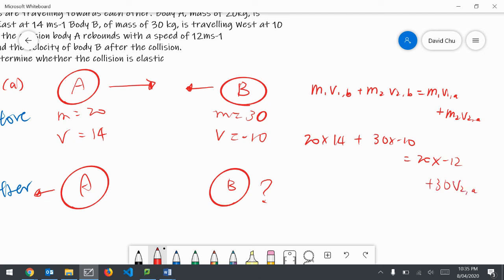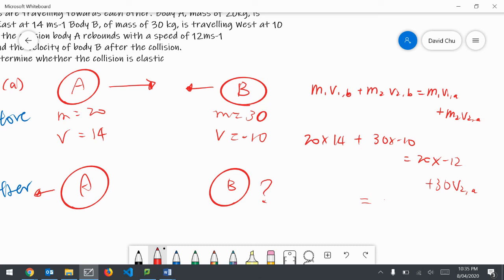All right, so the left-hand side sums up to be minus 20 equals minus 240, oops, apologies.